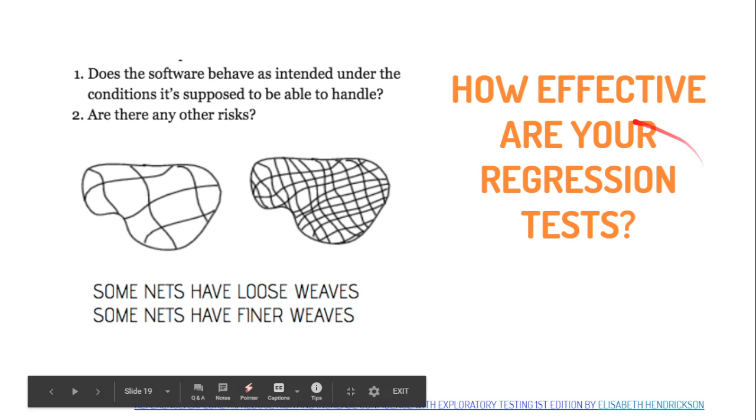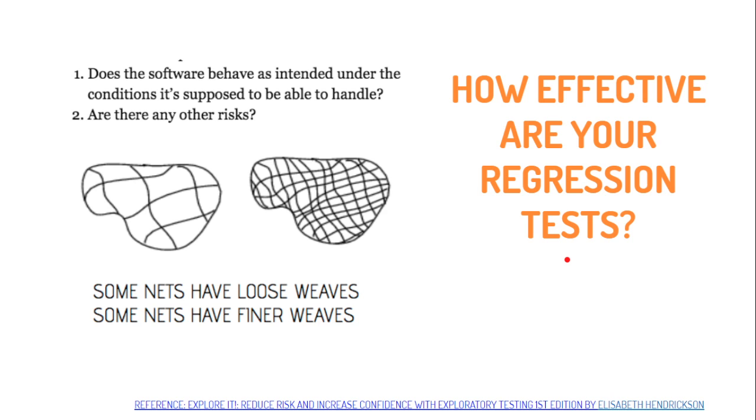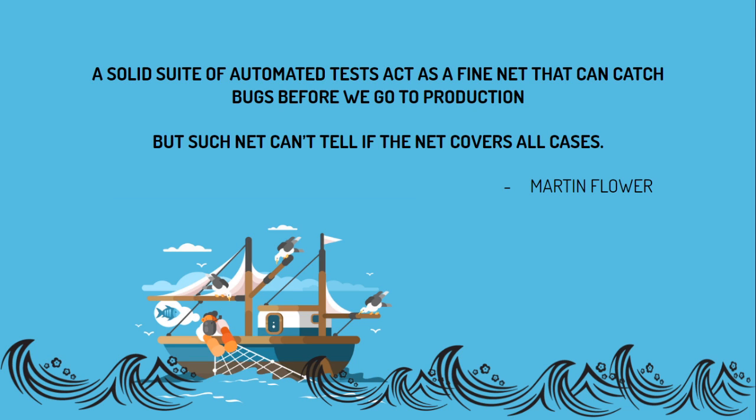So now coming back to the question, how effective are your regression tests, whether it is automated or the so-called manual? If you say I have really good coverage and I have fine weaves, even with the finest weaves in a net, you cannot catch everything.